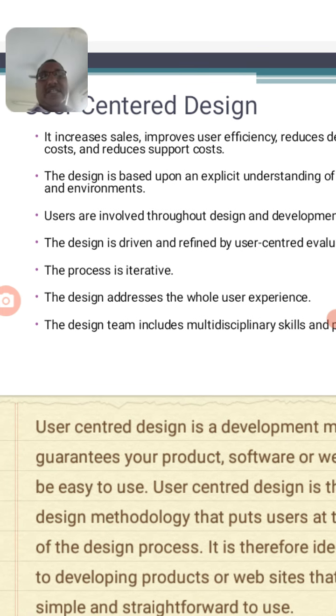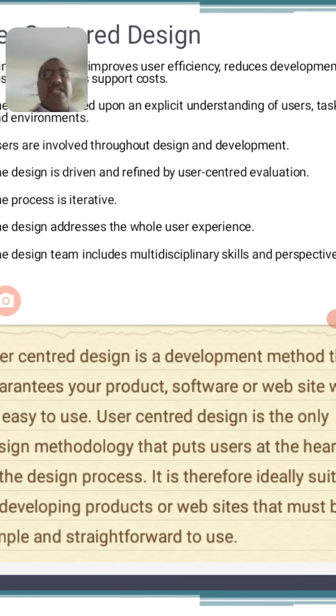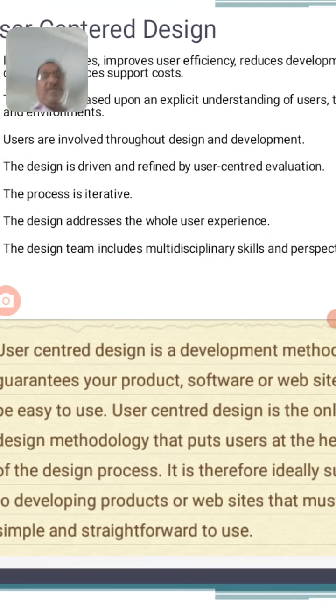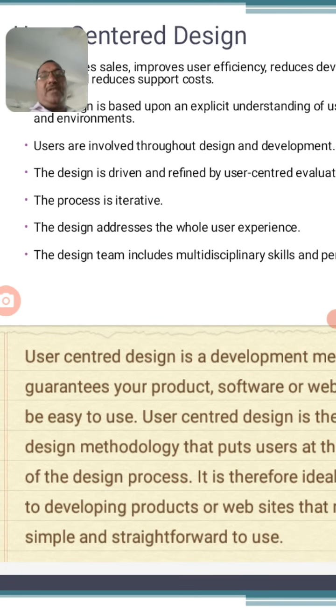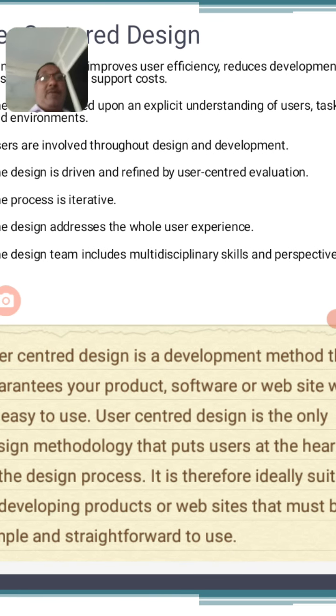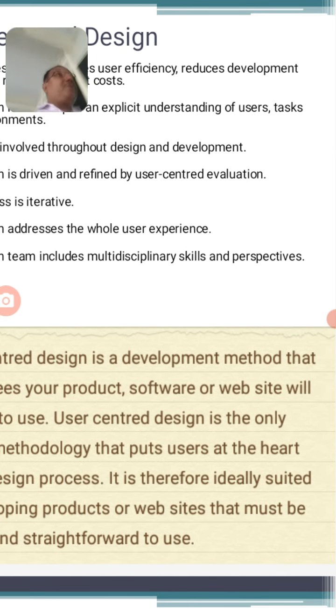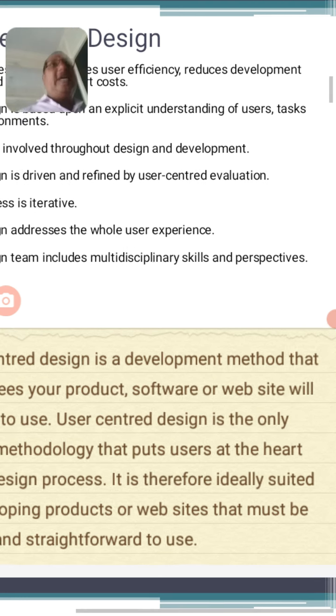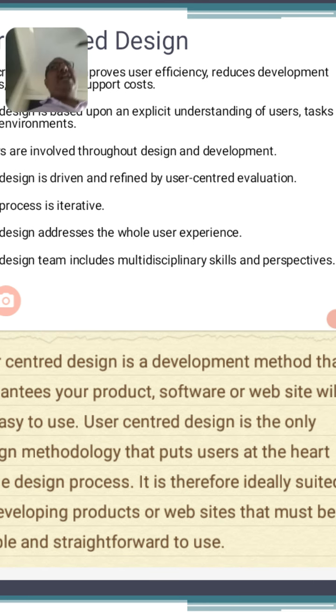Next, the design team includes multidisciplinary skills and perspectives. So if I have a particular user-centric design, I have my own team which includes multidisciplinary skills and perspectives. That means while designing a particular product, my team should have multidisciplinary skills.